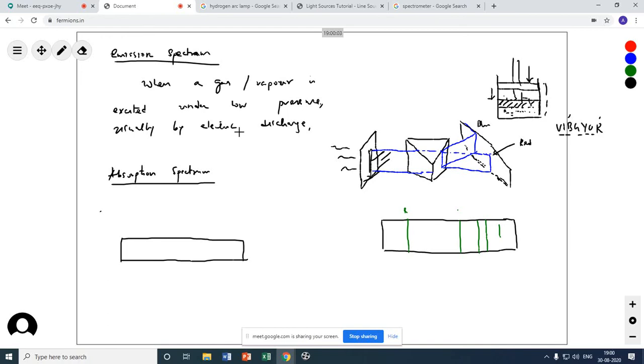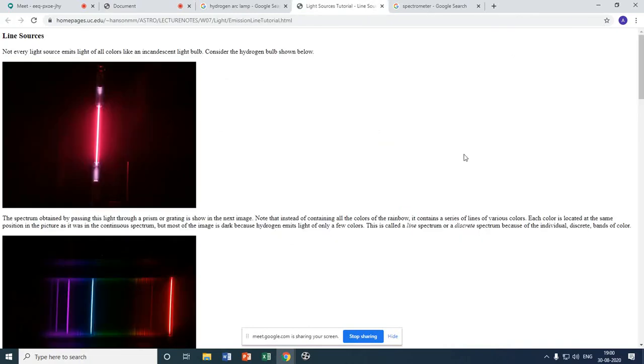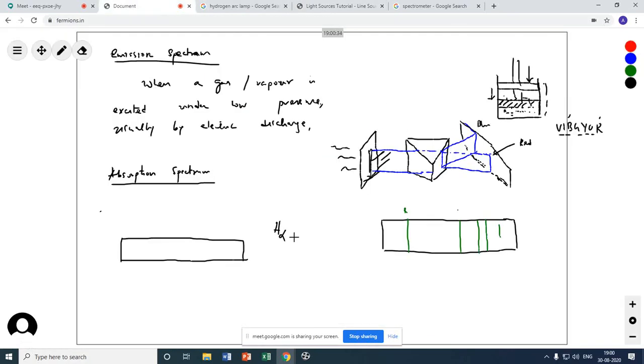So the line with the longest wavelength, the red one, is called the H alpha line. The next line in the blue-green region is called the H beta line.